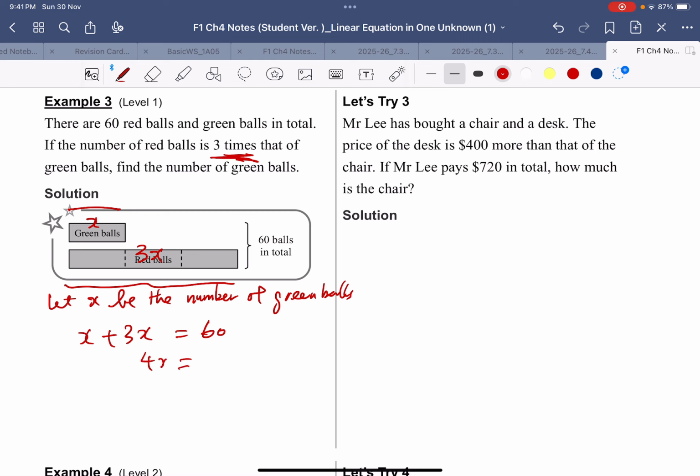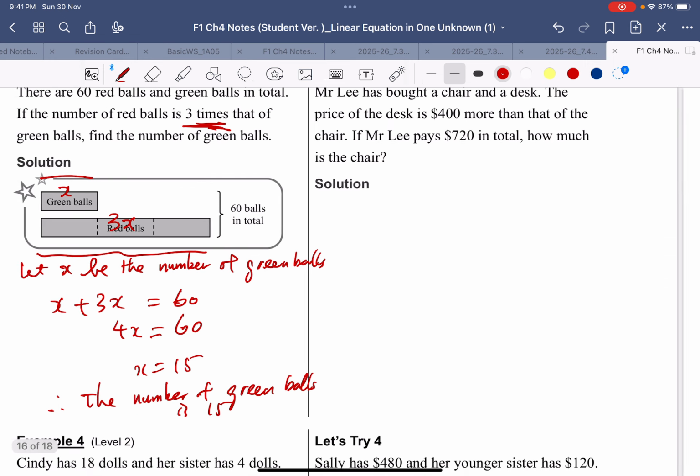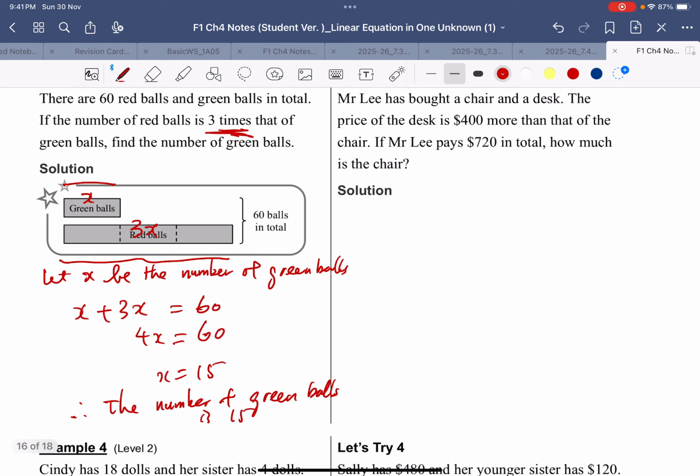Solve for x. We have 15. Write the conclusion. The number of green balls is 15. Okay? So sometimes a diagram is very useful.